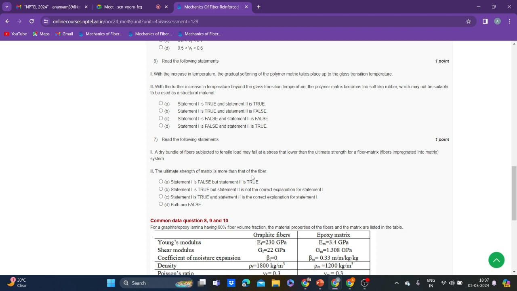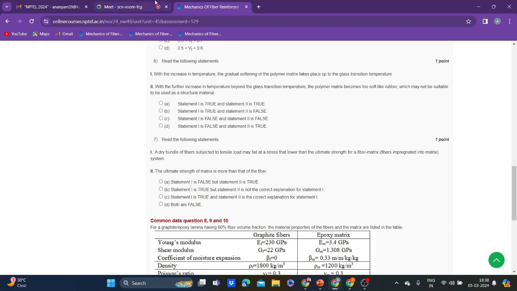Second one, the ultimate strength of the matrix is more than that of the fiber only, ma'am? No, the matrix is not the load-bearing material. The matrix is only for binding. Fibers are the ones that will have higher strength, right? No, but the matrix which includes fiber.